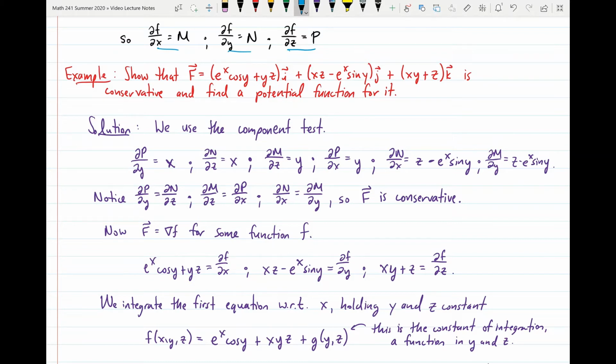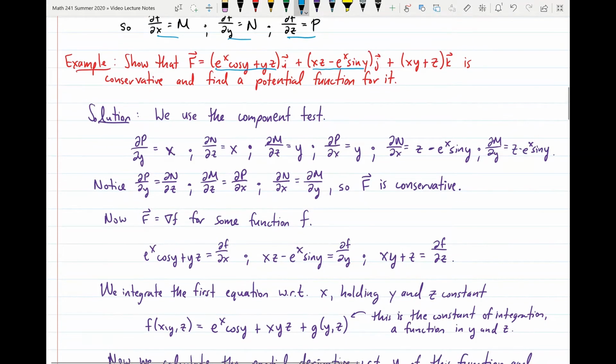The partial derivative of N with respect to z is equal to x. The partial derivative of M with respect to z is equal to y. The partial derivative of P with respect to x will give us a y. The partial derivative of N with respect to x will give us z - e^x sin y. And then finally, the partial derivative of M with respect to y will equal z - e^x sin y.